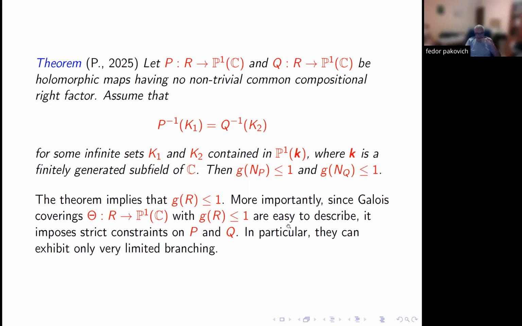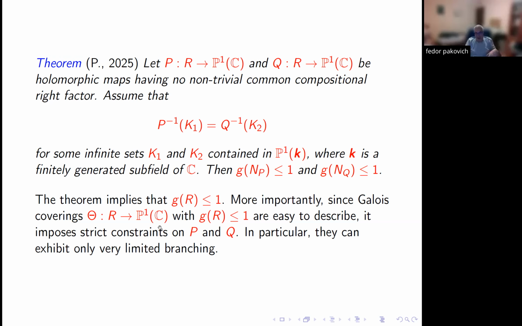is that Galois coverings from surfaces of genus at most 1 are easy to describe. In fact, if the genus is 0, you just obtain the classical Galois covering from the sphere to the sphere described by Klein.